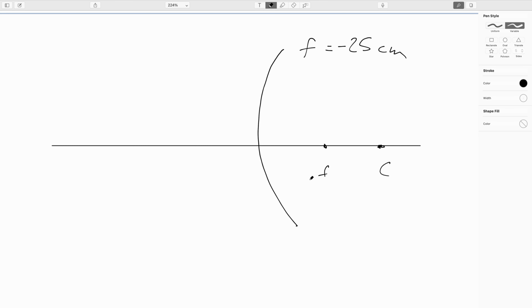Let's say that our object is located 15 centimeters in front of the mirror. So S equals plus 15 centimeters. Let's also say that our object height is 3 centimeters. What I'd like to do is locate the image and figure out how tall that image is.